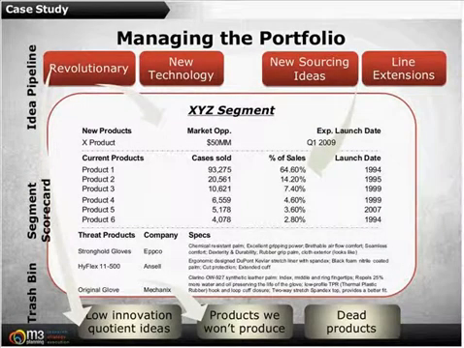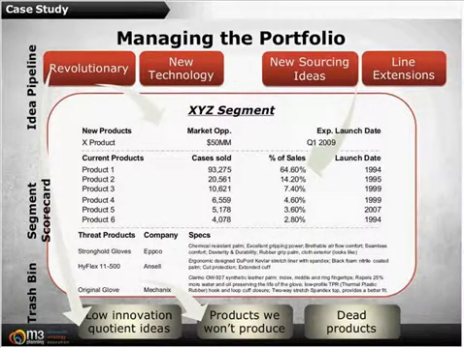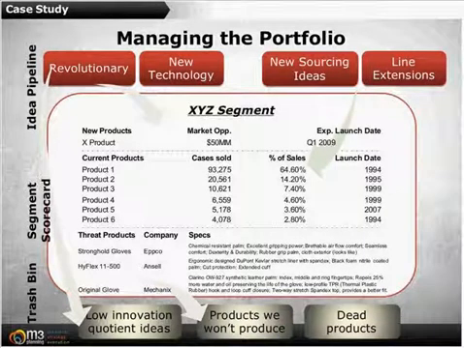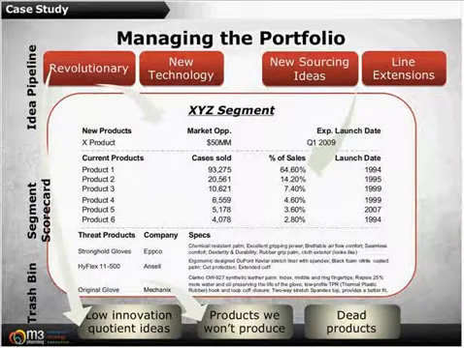So here is the output, if you will, or the tool that this organization was using to manage the innovation process. They had their process map, of course, but looking at the product and service innovation strategy, it came together in what they were calling a segment scorecard. In this case, it's a market segment.